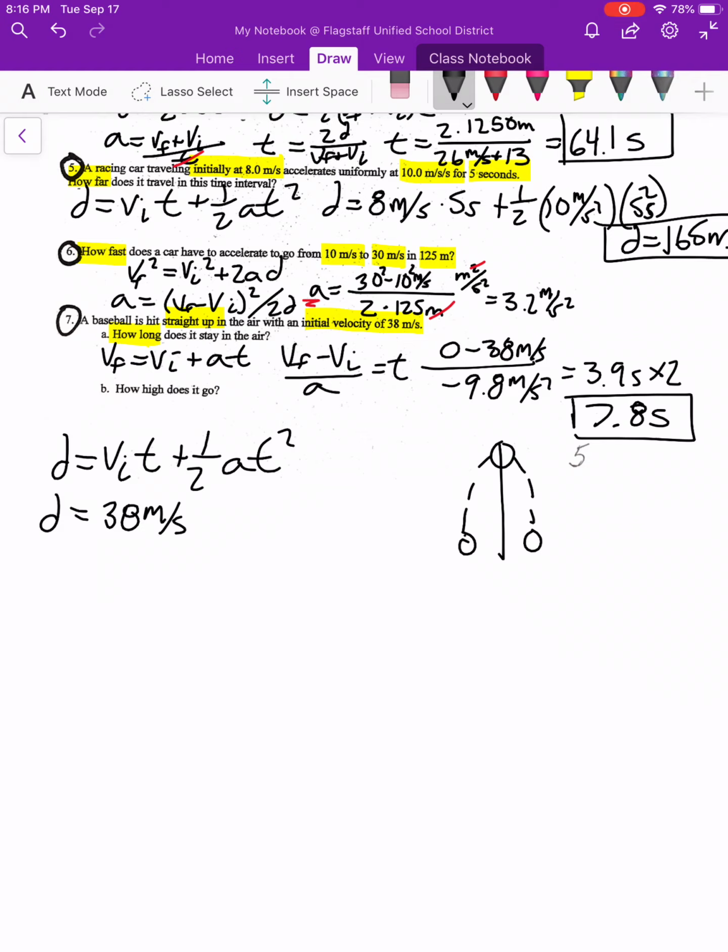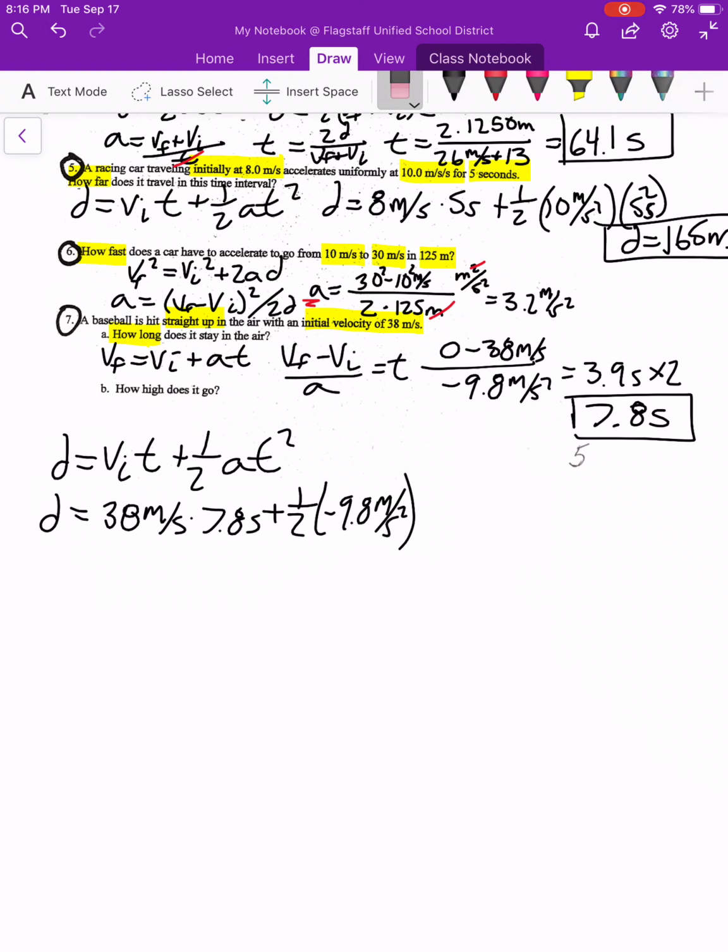Because it's hit upward, times time, which was 7.8 seconds, plus 1/2 times negative 9.8 meters per second squared. Okay, again, I'm going to have to erase this drawing, so hopefully you guys have followed along. Times time squared, so 7.8 seconds squared.